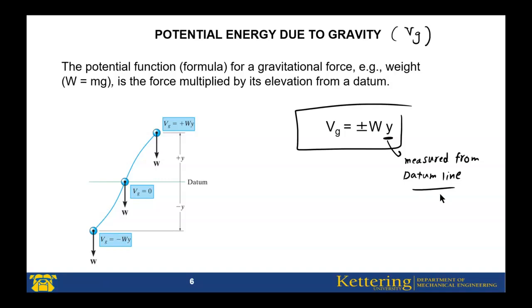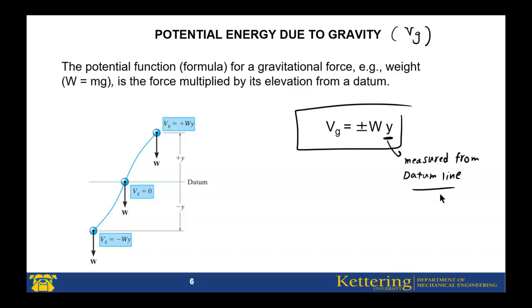For example, if this surface is a datum line, and I hold this one above it, if I release it, it has energy, it's a potential energy. However, if this one is below this line and I want to bring it up, I need to spend some energy.